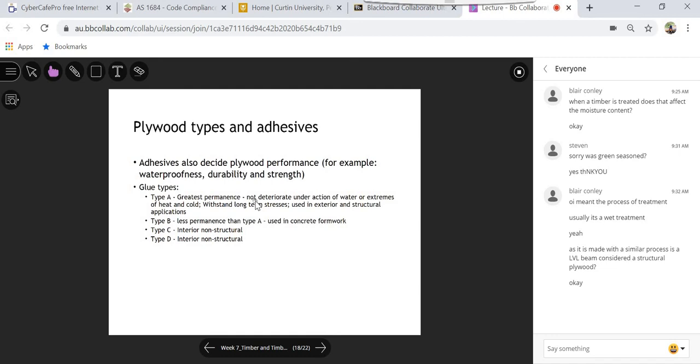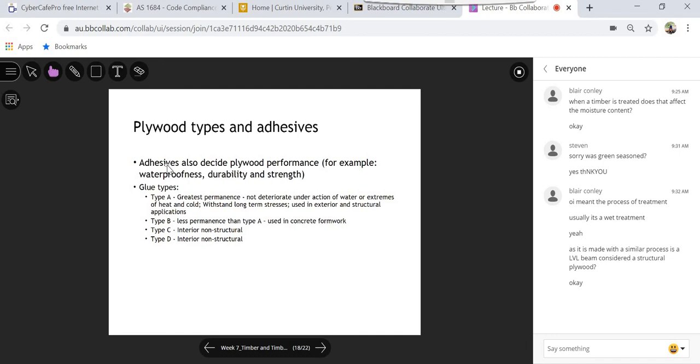And also, it's not about the timber type that we use for plywood construction. As I said, several thin layers are glued together, and so the durability and strength is determined by the adhesives used in the gluing process also.